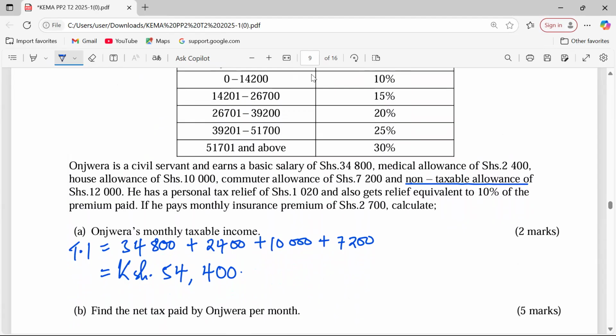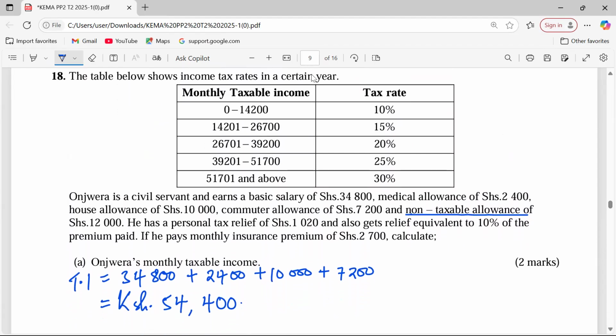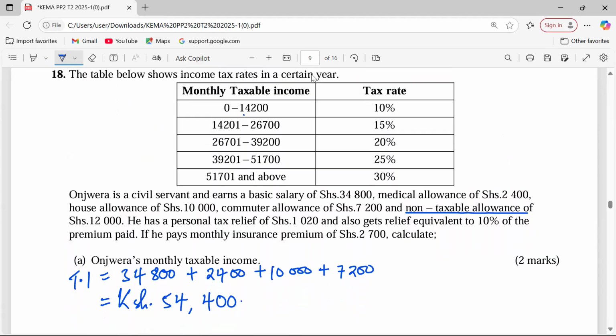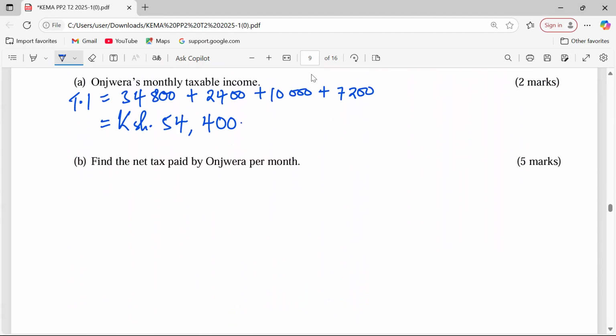So let's check. From the first band, we have the taxable income of 14,200. This one is done at a rate of 10%, and it will give us 1420 Kenya shillings as tax.